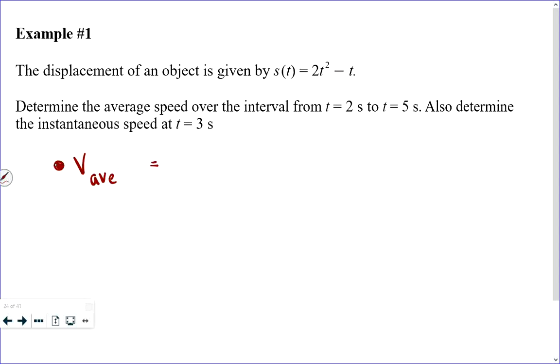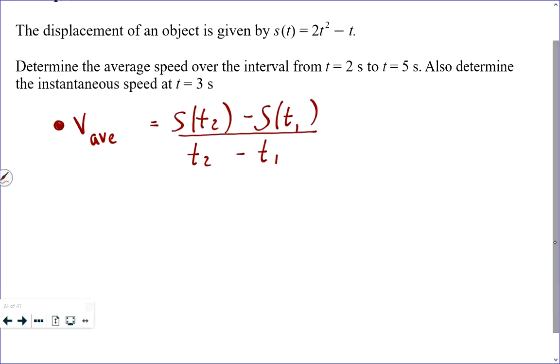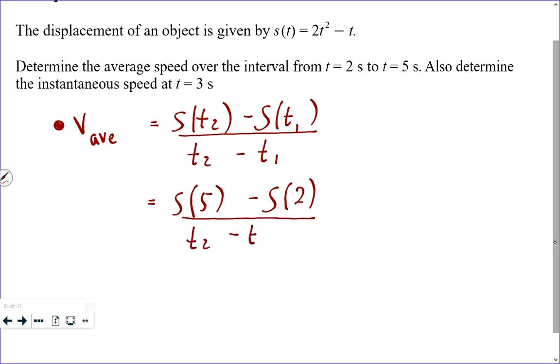This will be s of t2 minus s of t1 over t2 minus t1. Which in this particular case is going to become s of 5 minus s of 2 over, sorry, over 5 minus 2.